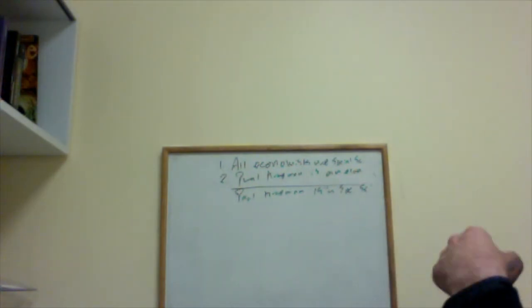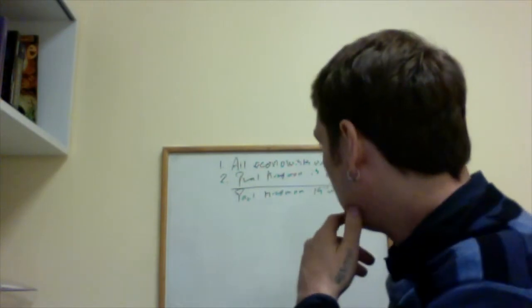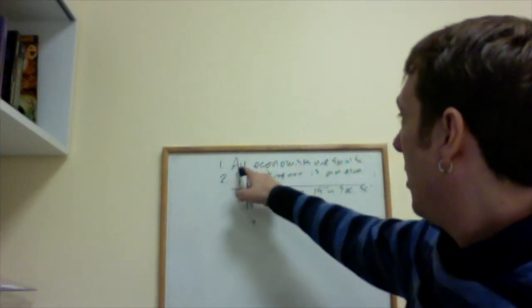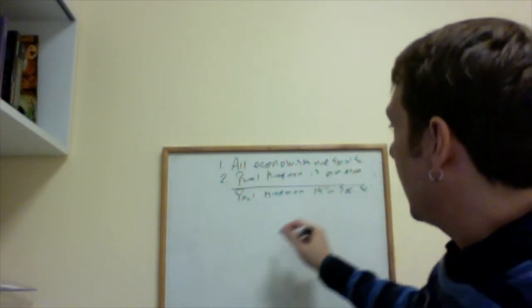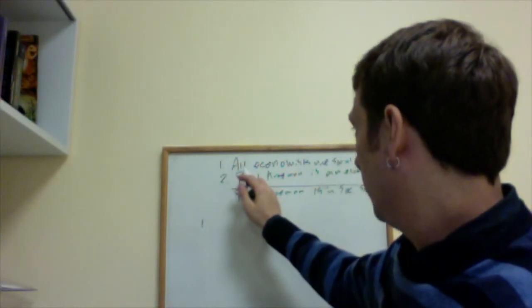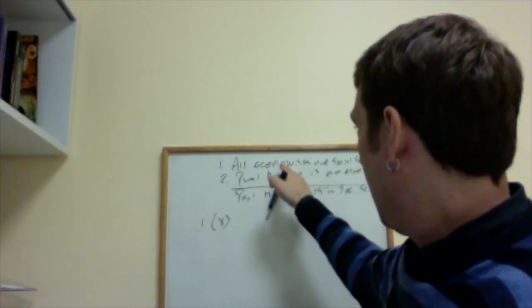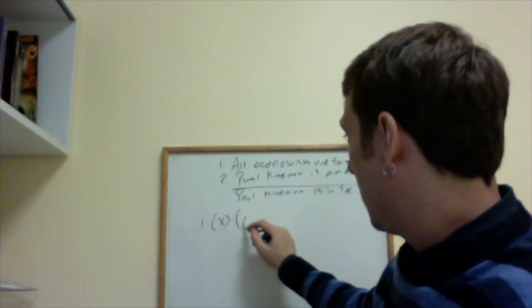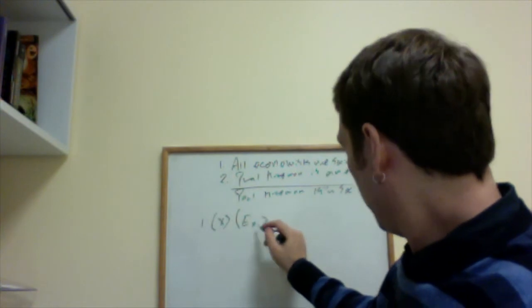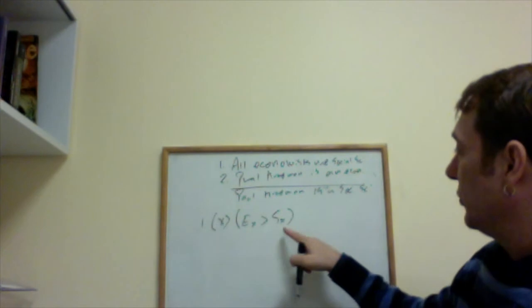Okay, so this argument clearly is a form of syllogism that is valid. So we have to translate it. All economists are social scientists would be translated. Remember the word all here is translated as a universal quantifier, and we'll use E to stand for economists and S to stand for social scientists.